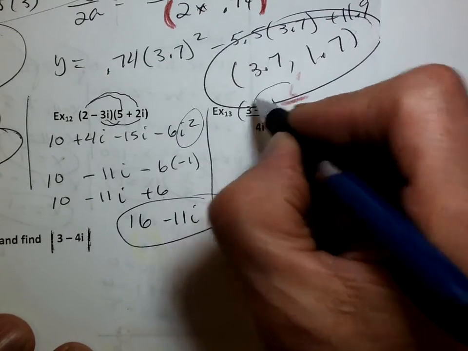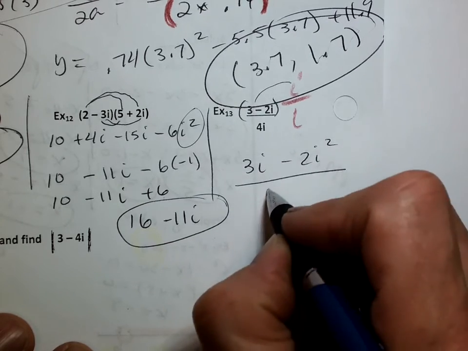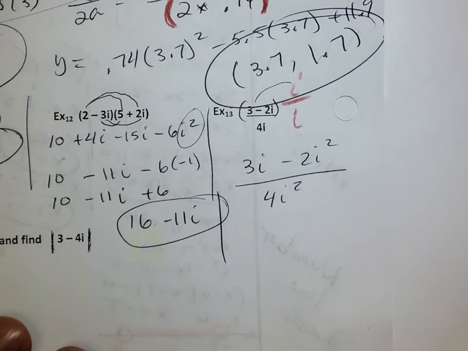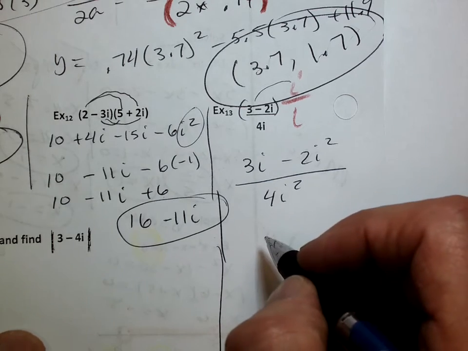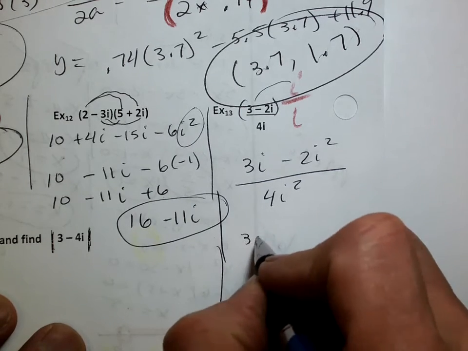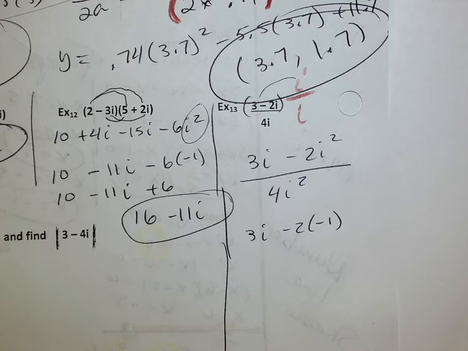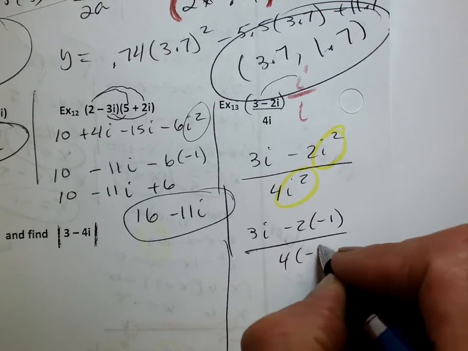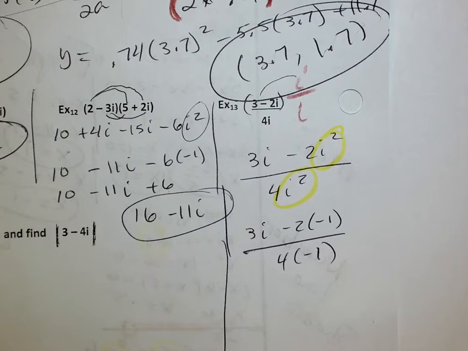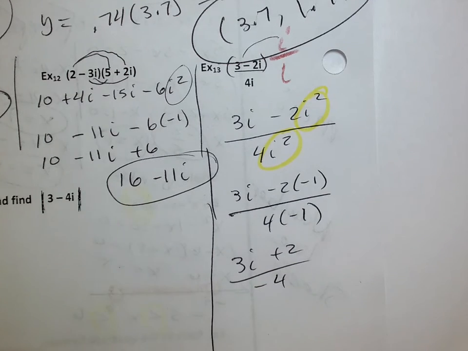I'm going to get 3i minus 2i squared over 4i squared, okay? Which is going to give me 3i minus 2 times negative 1, because we all know that i squared is negative 1, all over 4 times negative 1. 3i plus 2 over negative 4.